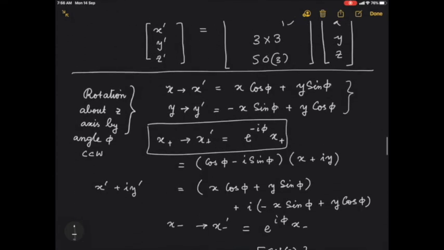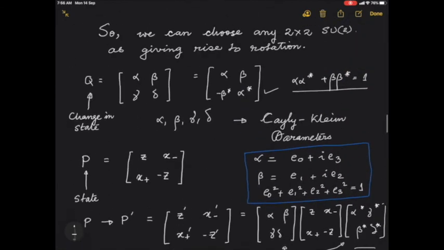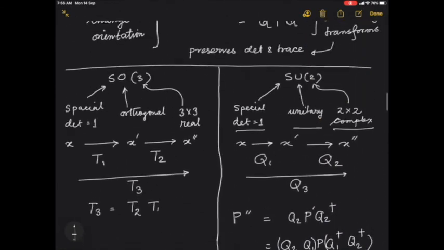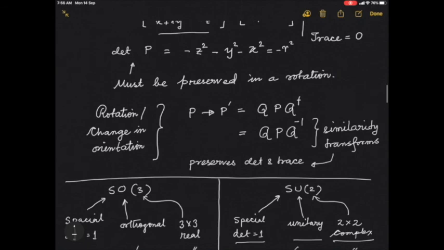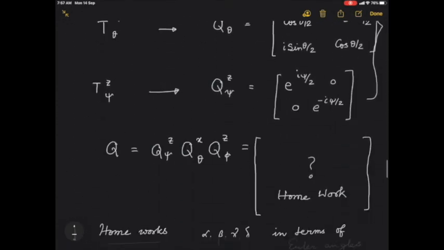The state vector now is also represented by a matrix, and the transformation is not as straightforward as it was before. Now the transformation as generated by the rotation matrix, or this SU2 matrix, is given by this, which happens to be a similarity transformation.